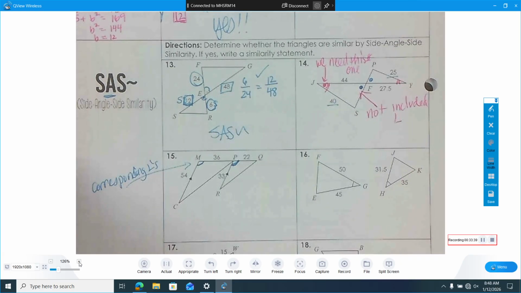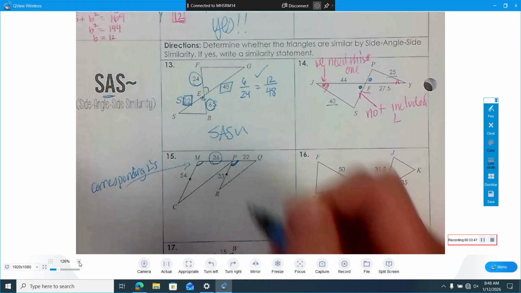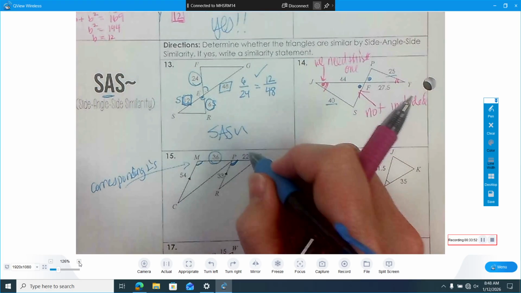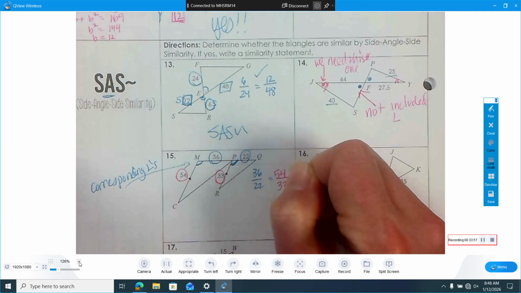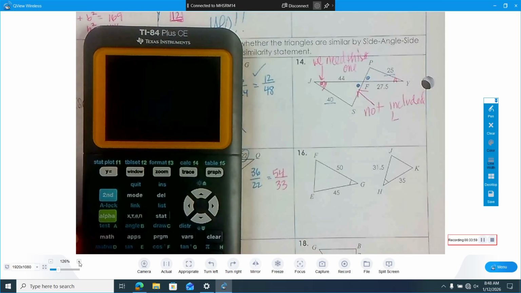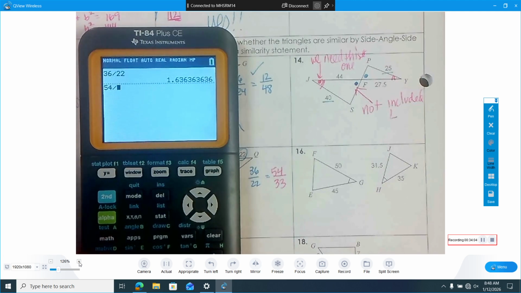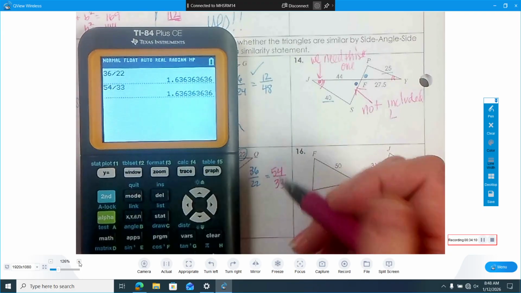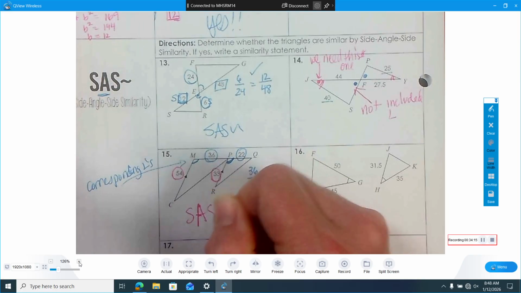So now, since we do have an included angle, I want to look at my side lengths. So 36 over 22, and I'm going to compare that to 54 over 33. And again, those are really weird numbers, so I'm just going to use my calculator and see that they divide to the same crazy value. And those are the same. Look at that crazy number. All right, so they do have side, angle, side similarity.